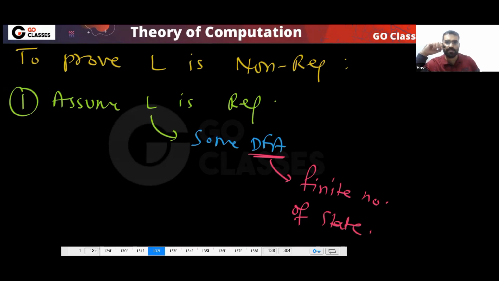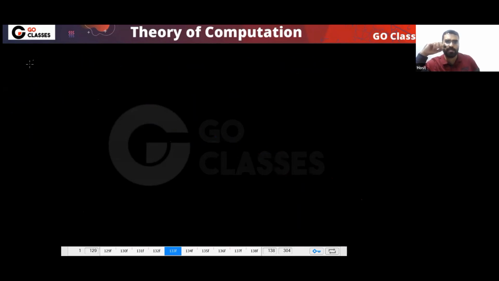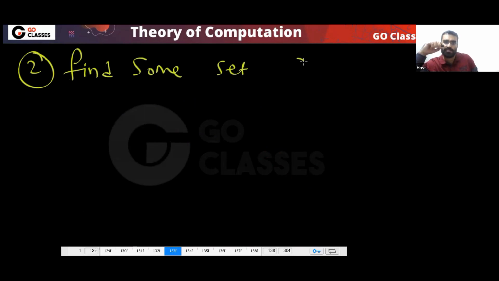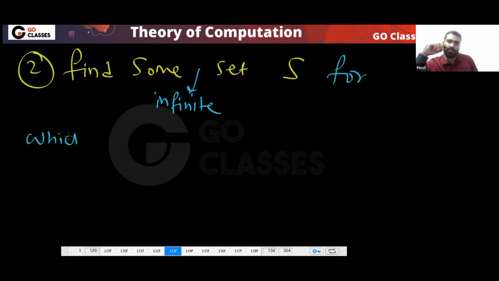What is the second step? Find some infinite set S for which you can guarantee. This word guarantee is important.